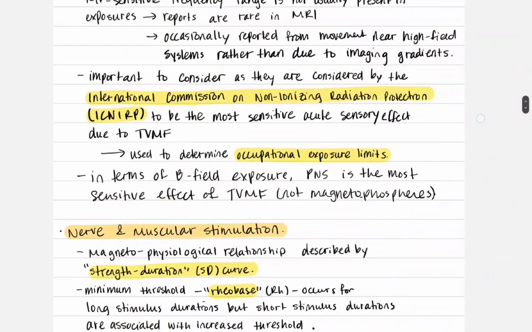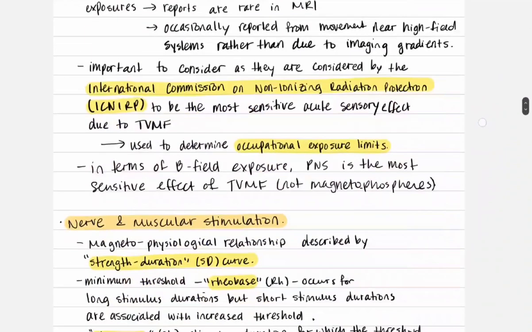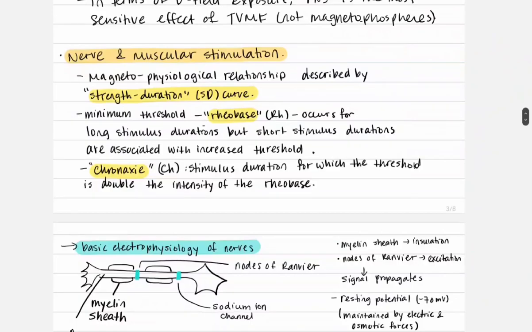Another magnetic stimulation effect that we have to consider is nerve and muscular stimulation. The relationship relating to this is described by what we call the strength-duration curve, or SD curve. And there are several characteristics of this SD curve that are convenient to understand.